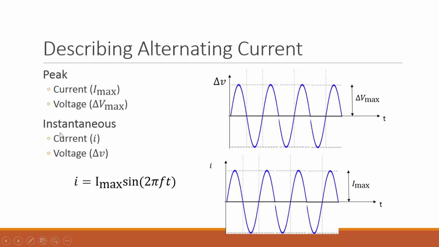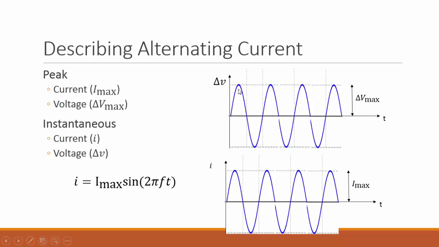Now, the equation that goes with it is that the current is the maximum current times a sinusoidal function, in this case just sine, of 2 pi f times the time. If you remember harmonic motion, this is the same equation. f is the frequency.